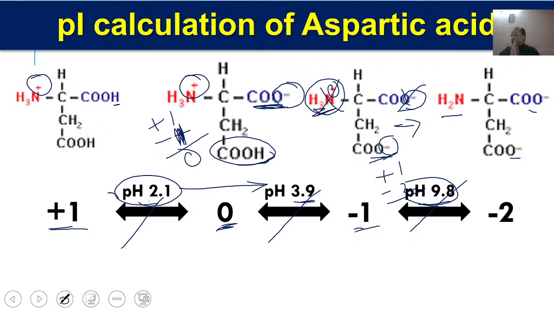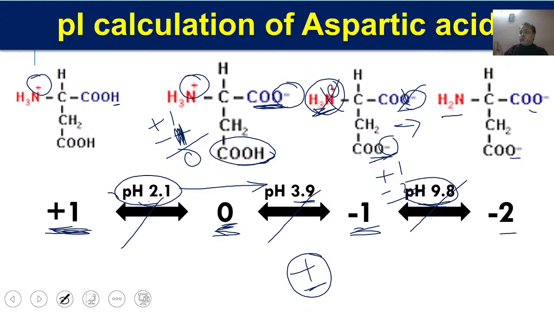Now just remember what your definition for Zwitterion was. Zwitterions are ions where we have an equal number of positive and negative charges, and the overall charge will be 0. So this is one compound which is having one positive charge, 0 charge, one negative charge, 2 negative charge.